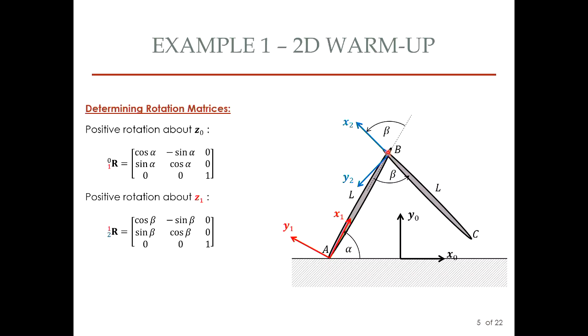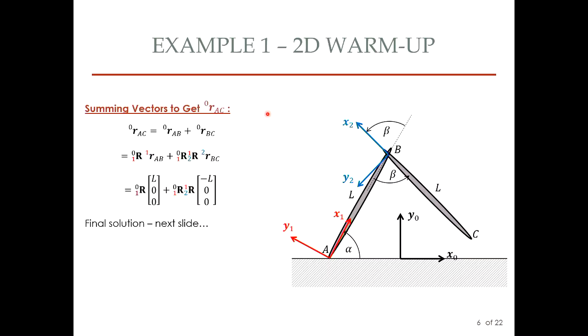And similarly from B to C, because BC is aligned with, say, the negative x2, it will also be easy. What will be the vector from B to C in frame 2? Minus L00, right?